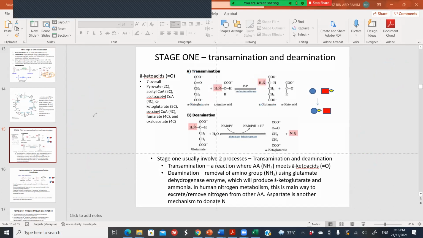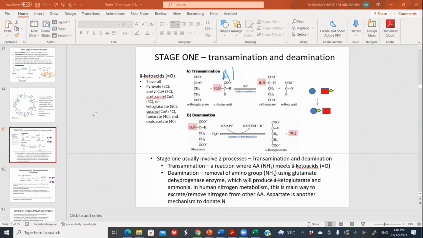So the first rule is we must convert all amino acids to glutamate. For example, the amino acid we have here is alanine. I write here 5 carbon plus alanine.